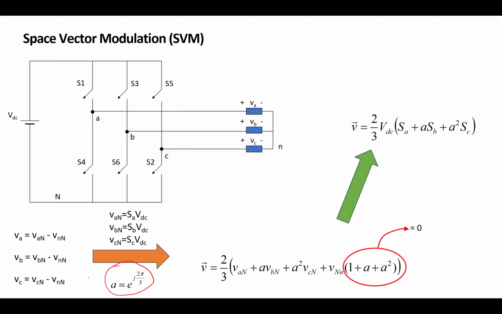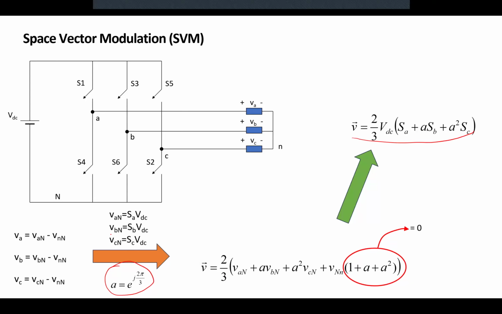We could say that the voltage A is VA, voltage B is a times VA, and voltage C is a squared times VA. Makes sense? 120 phase shift, 240 phase shift. Sorry? So 120, the other one is 240. 2 times 120, 240. Okay.